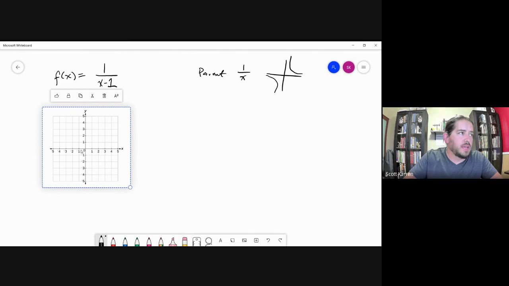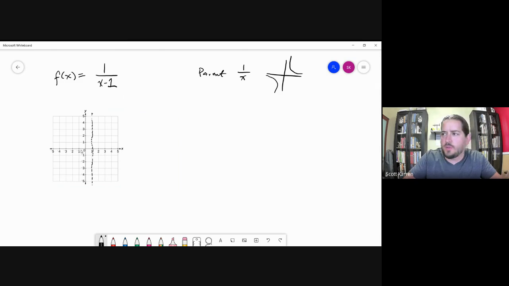And so my asymptote now is over here, which makes sense because if I plug in 1, I get 1 minus 1 in my denominator. I get 0 in the denominator. It's not defined there. So it's essentially just that function drawn off to the right by 1. Again, I apologize. My drawing skills are not great on this thing yet, but that's what it looks like.